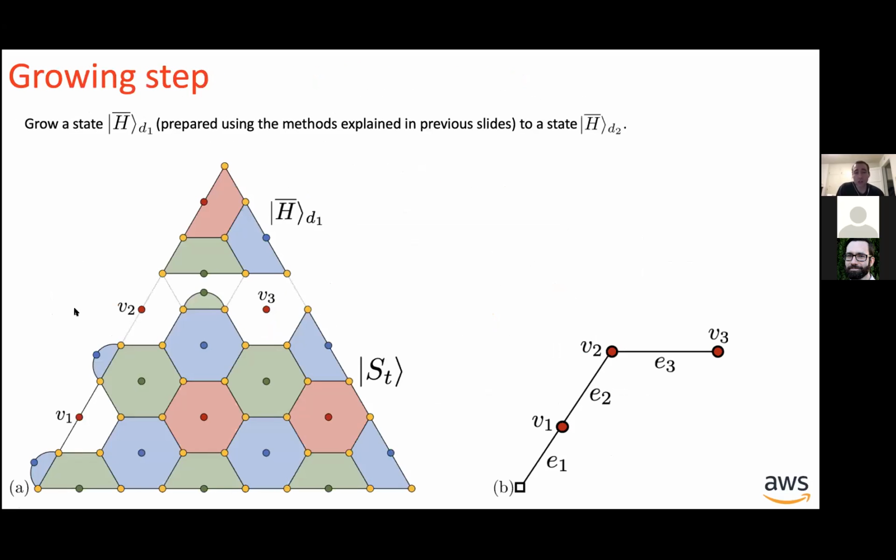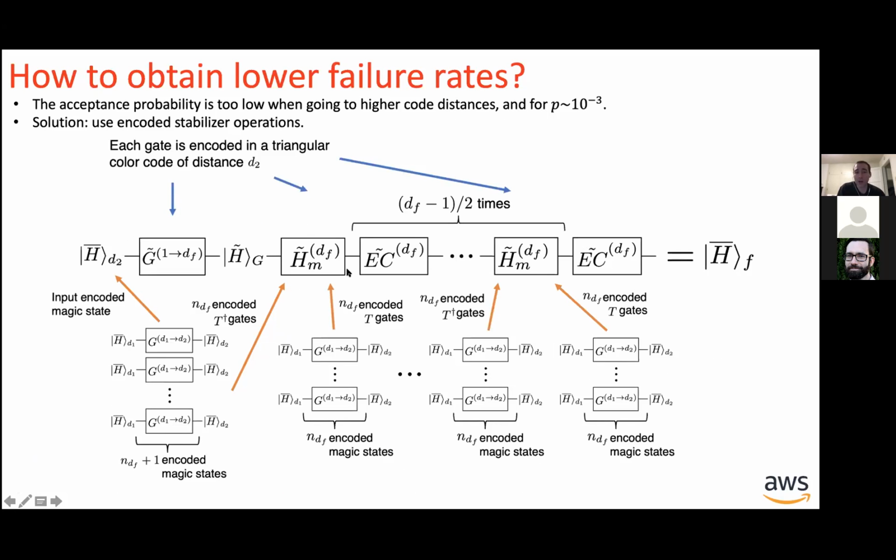In addition, for the control Hadamard gates used for measuring Hadamard here, we can't do physical T gates. In the previous step, remember that the control Hadamard gate can be decomposed into a CZ gate and 2 T gates. But this was all done at the physical level, because of the fault tolerance of our circuits. Here, we're going to be using encoded operations, so we're going to need to inject magic states to do those T gates.